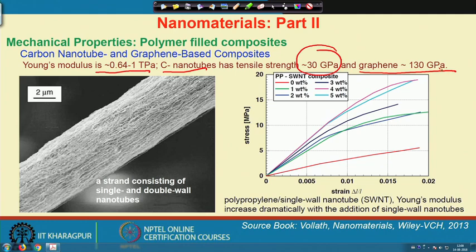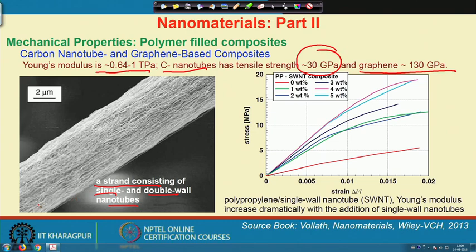So, with such a high strength material we can increase the stiffness of a composite, and the strength of a composite can be tuned or manipulated. You can see here a strand consisting of single and double wall nanotubes. The nanotubes are not directly straight; some of them have such shapes.